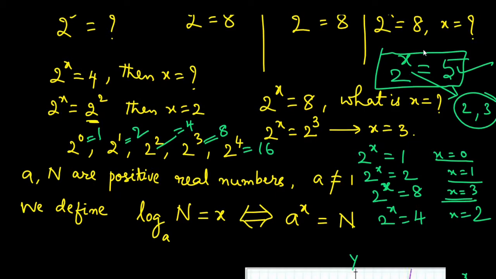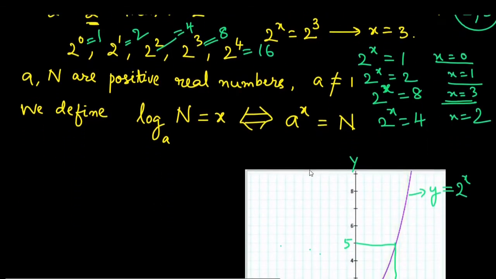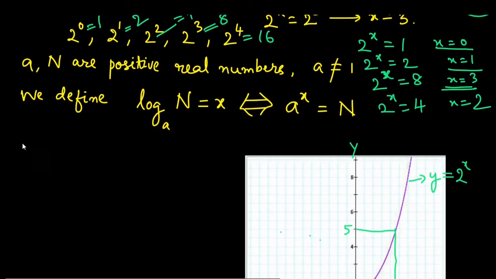So here we are establishing a relation between the exponent and the power. Such a relation can be termed as logarithm. A relation between power and exponent is called logarithm. Let us define what is logarithm here.